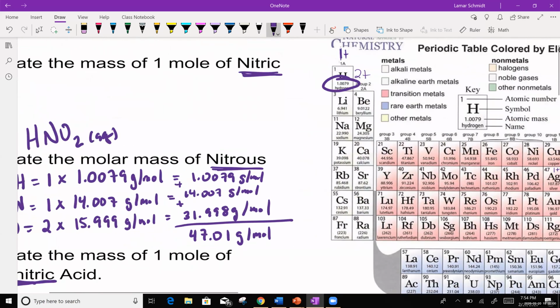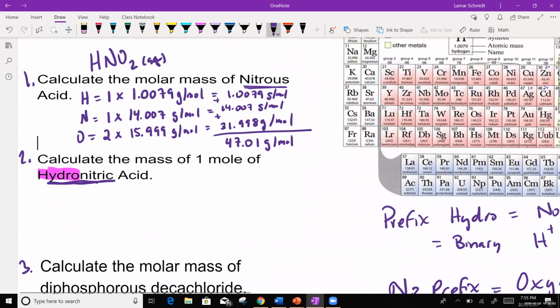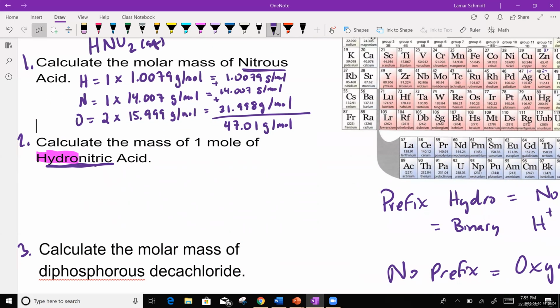Okay, so now all we have to do is calculate the molar mass. So let me rewrite that. H3N, aqueous. All right, and so when we do this, what is in hydronitric acid? Hydrogen and nitrogen.